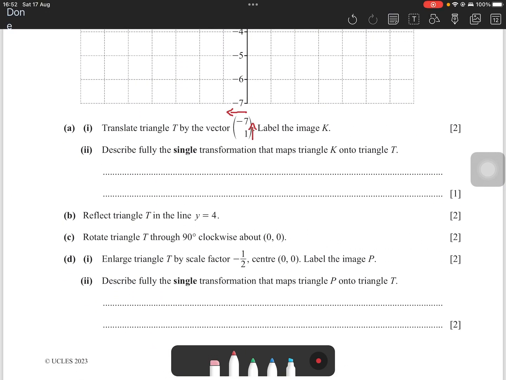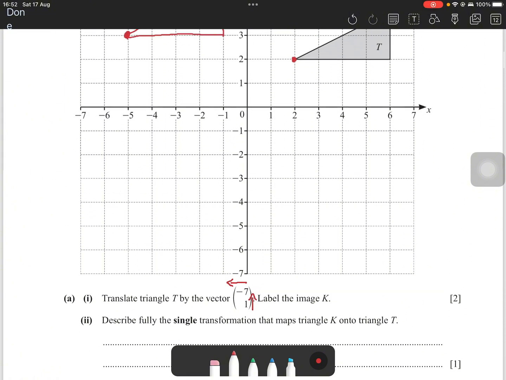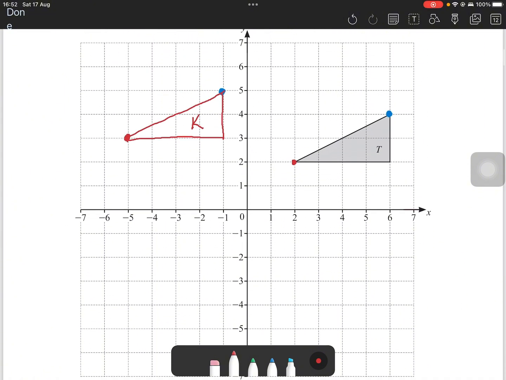Second question, describe fully the single transformation that maps triangle K onto T. So from K to T, we need to move 1, 2, 3, 4, 5, 6, 7 units to the right and 1 unit down. 7 units to the right means X is 7 and 1 unit down means Y is -1.